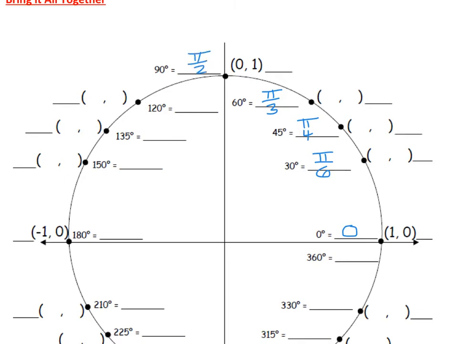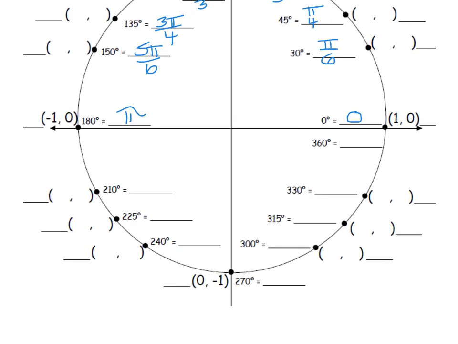120 degrees is 2 pi over 3 radians. 135 degrees is 3 pi over 4 radians. 150 degrees is 5 pi over 6 radians. Of course, 180 degrees is pi radians. 210 degrees is 7 pi over 6 radians.